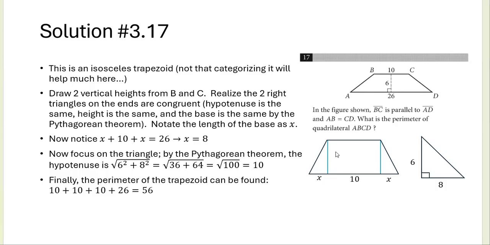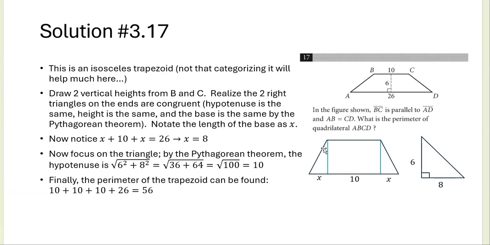Okay, so why are these two triangles congruent? Well, I didn't draw it here. This is a right angle over here. It's the vertical height. That's number one. And then these two heights are length 6. And then they give us that the hypotenuses are congruent, AB equals CD.